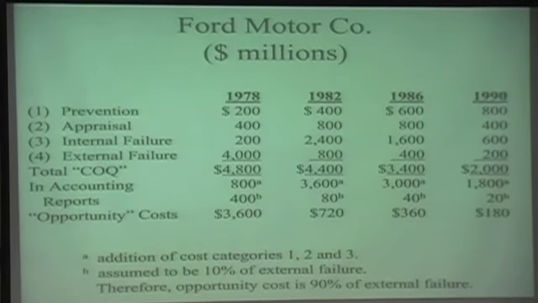Okay. And look what we have here for Ford Motor Company: a cost of quality report. Those are the four categories of cost of quality: prevention, appraisal, internal failure, external failure. It's interesting to note what Ford did with external failure. They don't know for sure how much bad word of mouth damages, so they don't really know the true costs of it. So they made an assumption.